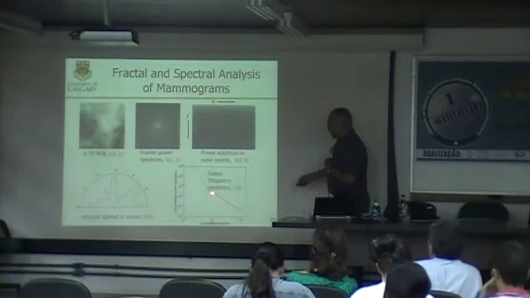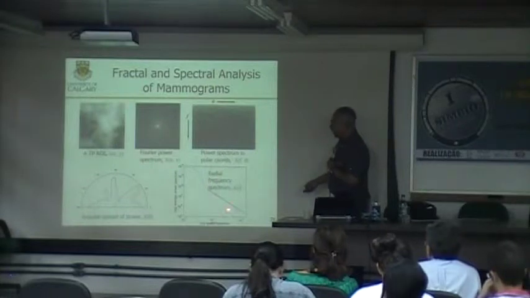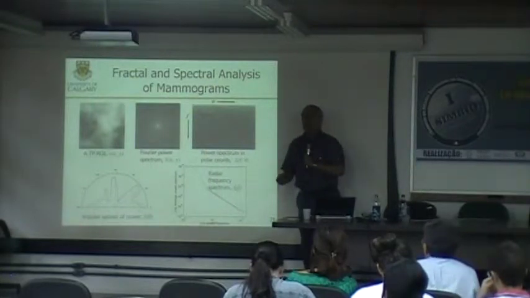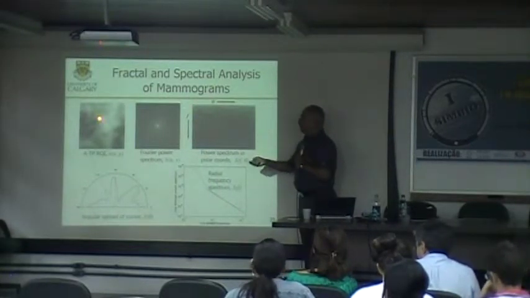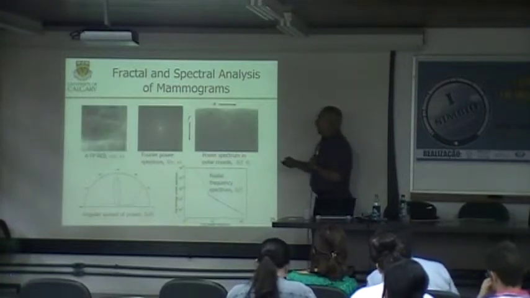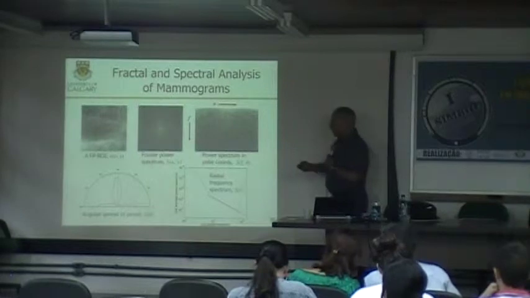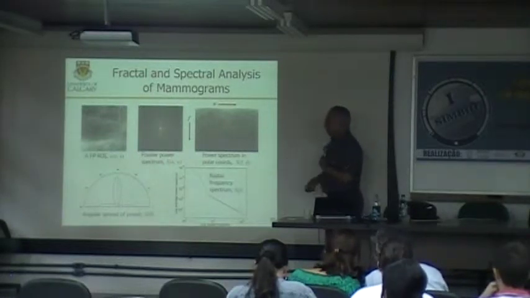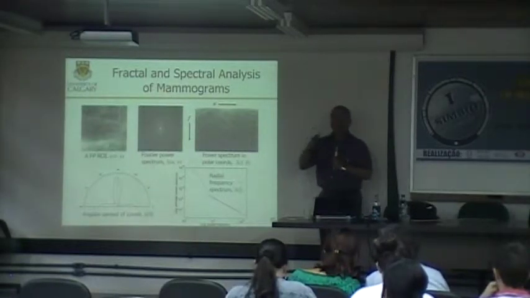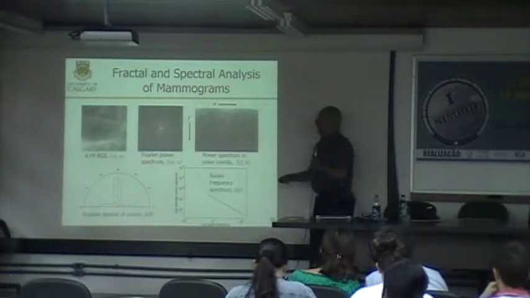The slope of this line is related to fractal dimension, (8 minus slope) divided by 2. You can get the fractal dimension of this image. So we use that in the analysis of architectural distortion. I won't go through the result here, that's not important. But the results are important, but not now.